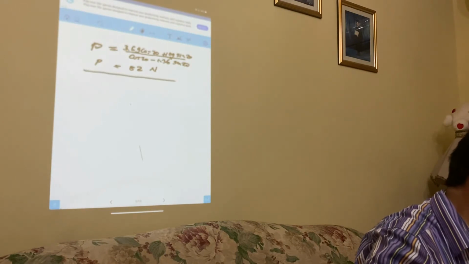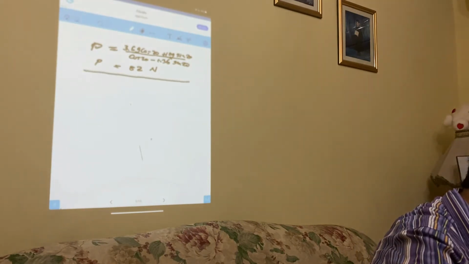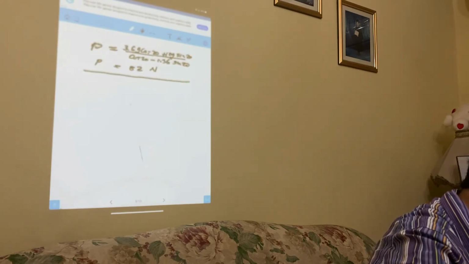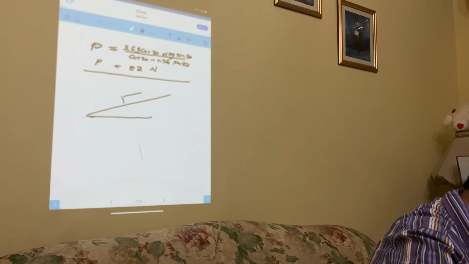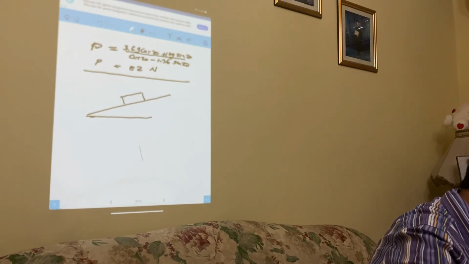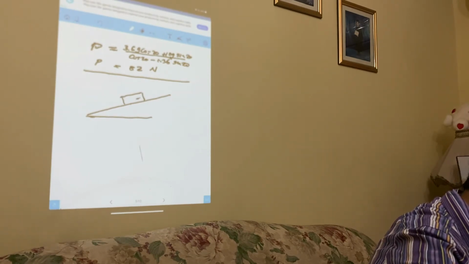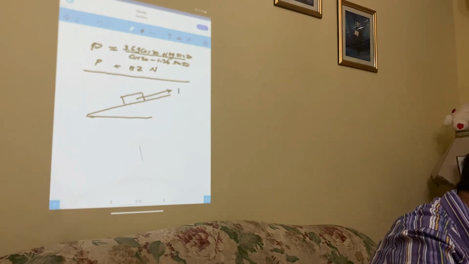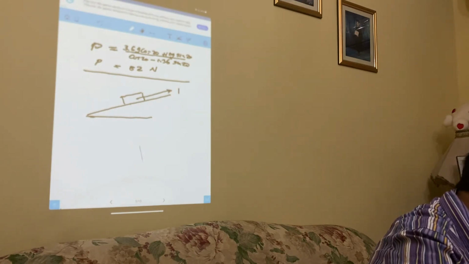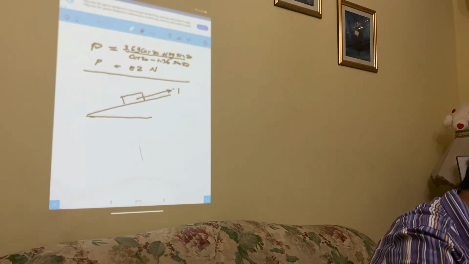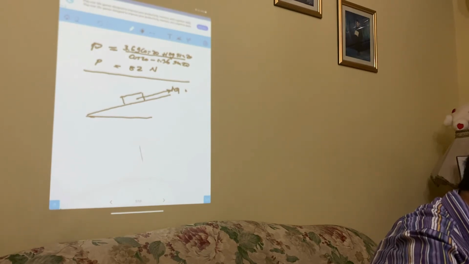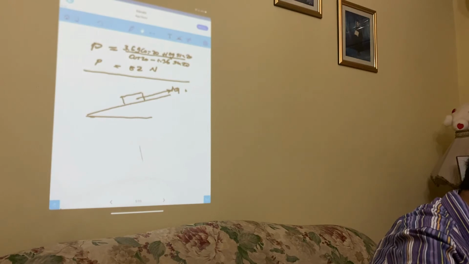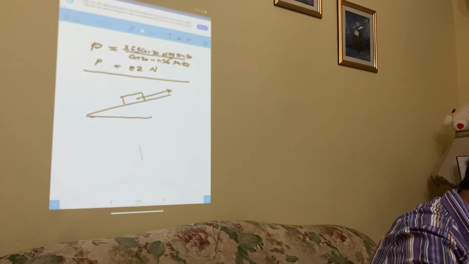Another question. We have an inclined plane, and there's a block on the plane, and there's a force P of 100 Newton.